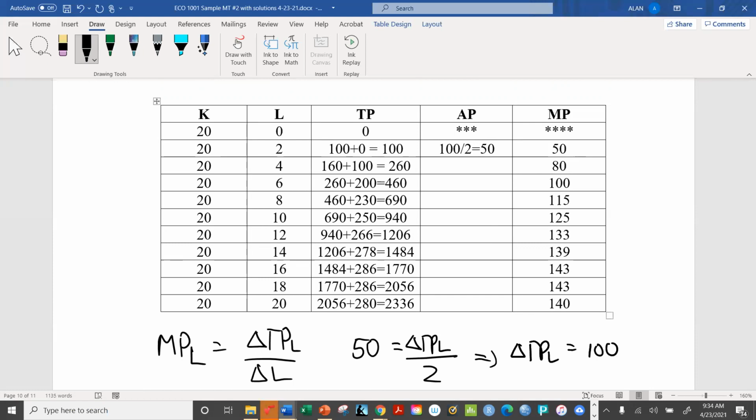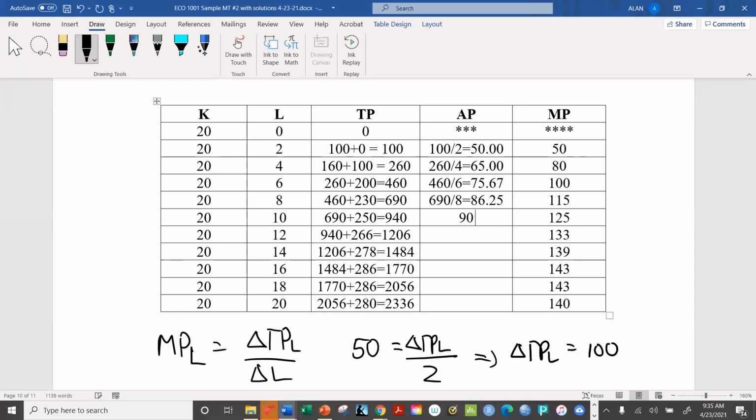In each case, 260 over 4 equals 65. 460 over 6 equals approximately 75.67. Then we have 690 over 8, and that gives us 86.25.